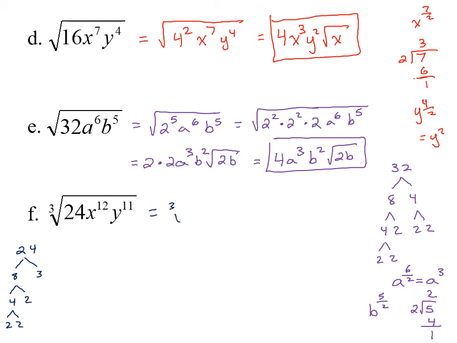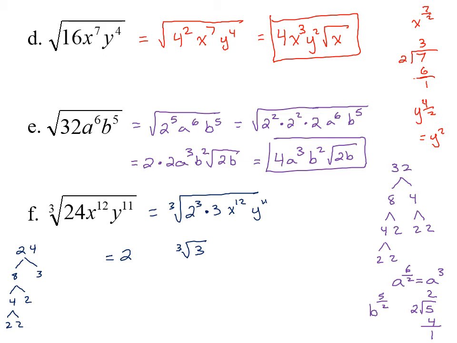So this is the cube root of, there's 3 2's and a 3 on the x to the 12th, y to the 11th. So the 2 cubed does match with the power on the 3 on the outside. So I can say, pull that out front and leave the cube root of 3 underneath the radical.